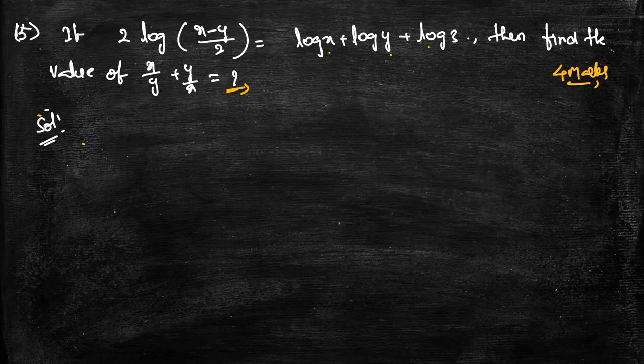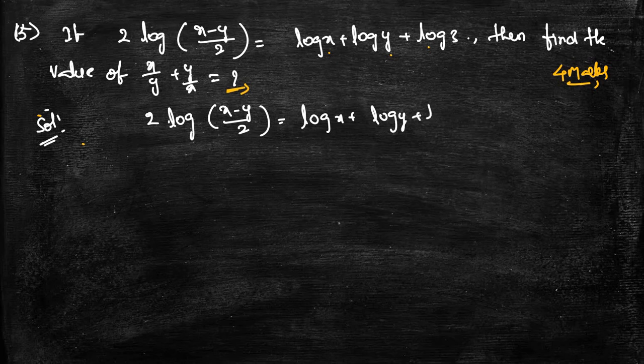So what is the given question? 2 into log of (x minus y) divided by 2 is equal to log x, log y is given, log 3 is given. Now from this I will take this 2 to the power, so (x minus y by 2) whole square.